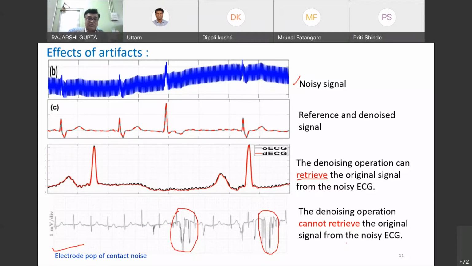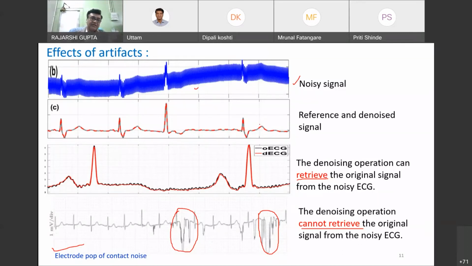Now, it is to be made very clear that in these cases where the signal is not there, you cannot retrieve the signal by any denoising operation. So the first thing is that whenever we are talking about quality, when I have enough data, in certain cases, if the signal is corrupted, like say here I have shown power line interference, it is possible to retrieve the signal by a suitable denoising operation.